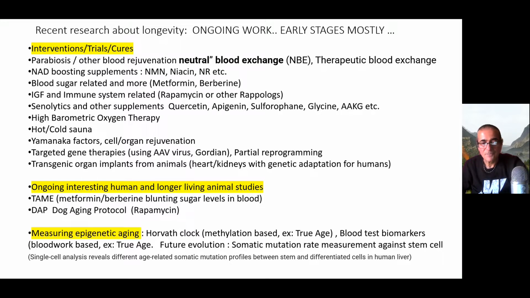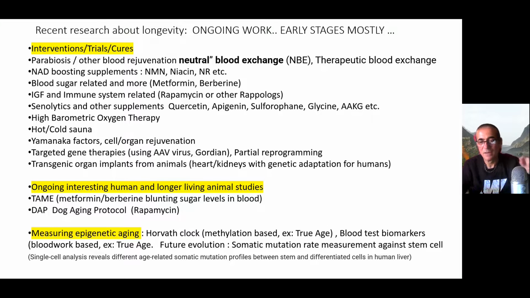And then in the future, there will be other kinds of ways to measure the aging. And they will be related probably to mutation rates, somatic mutation rate against the stem cell. So stem cells have less mutation. They maintain their original information, but the specialized cells usually may have more mutation, or the organs may have more mutation.